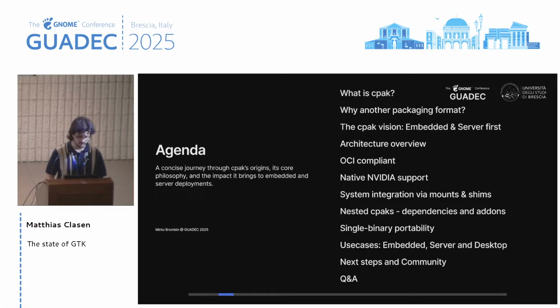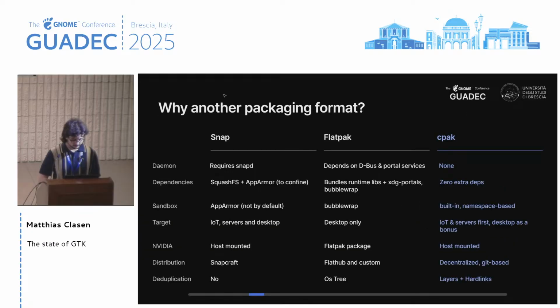It's different from Flatpak, Snap, and other things. What are nested cpaks? The ability to run a cpak inside another cpak. We will check it later. The single binary, use cases, the next step, we have a lot of stuff actually. So let's start with this one.